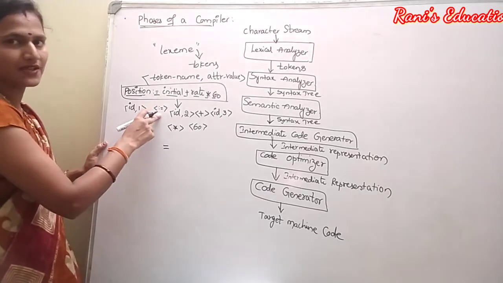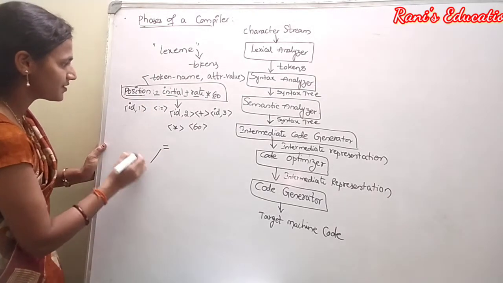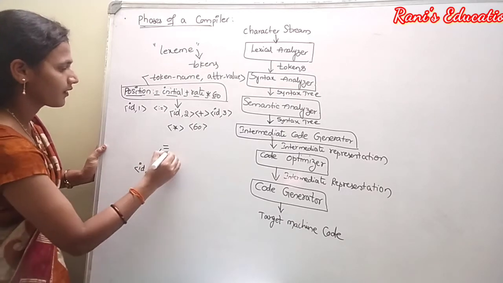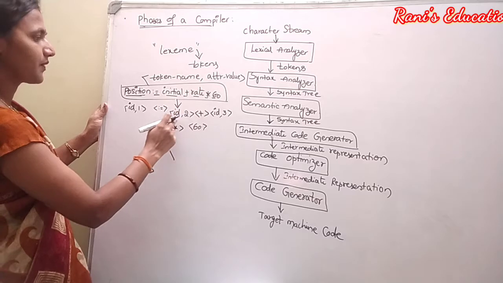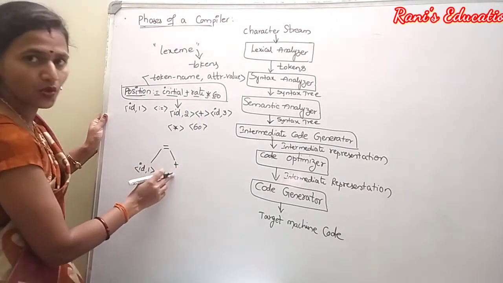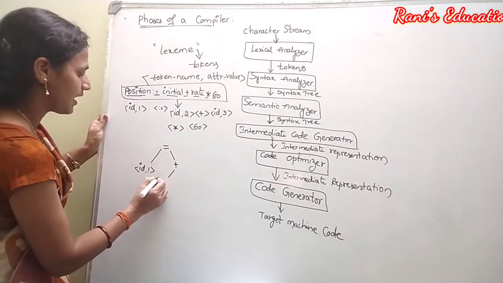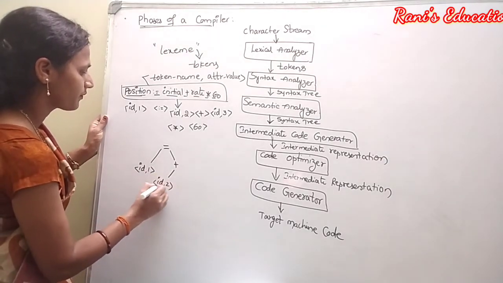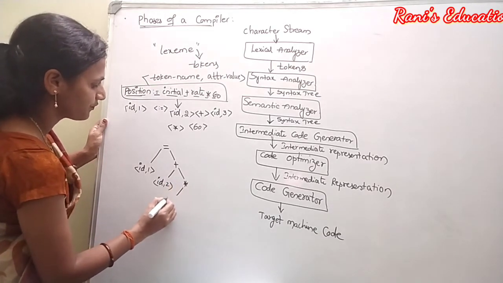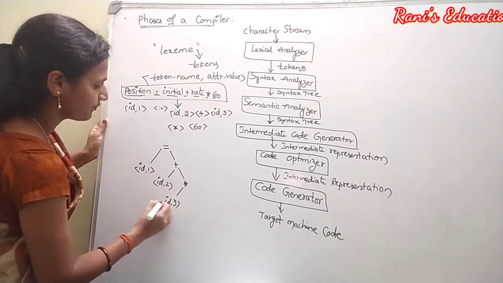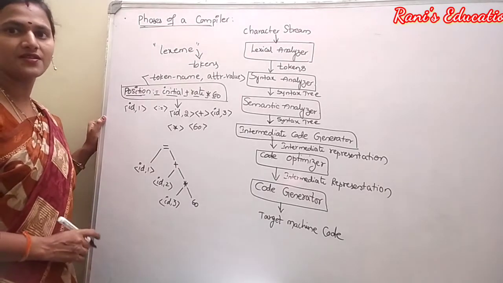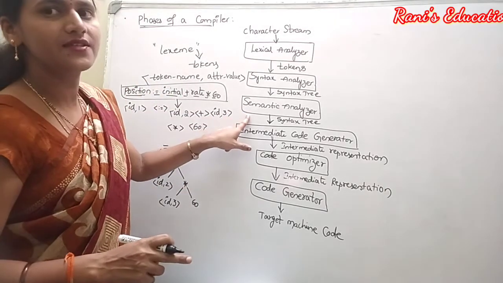Here the assignment operator is the root node, and on the left is identifier 1, and the right subtree contains id 2 plus rate times 60. The intermediate node is plus, which takes identifier 2, and on its right is asterisk, with id comma 3 and the right subtree is 60.